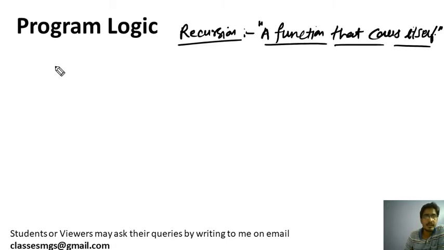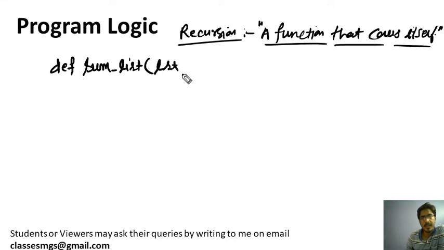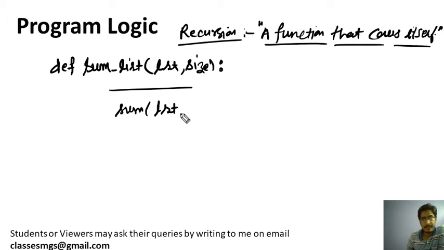Let's suppose I have created some function, let's suppose def sum_list, and I am passing some, let's suppose, lst and then size, and if I am calling the same function from this function again and again, then this is known as recursive.